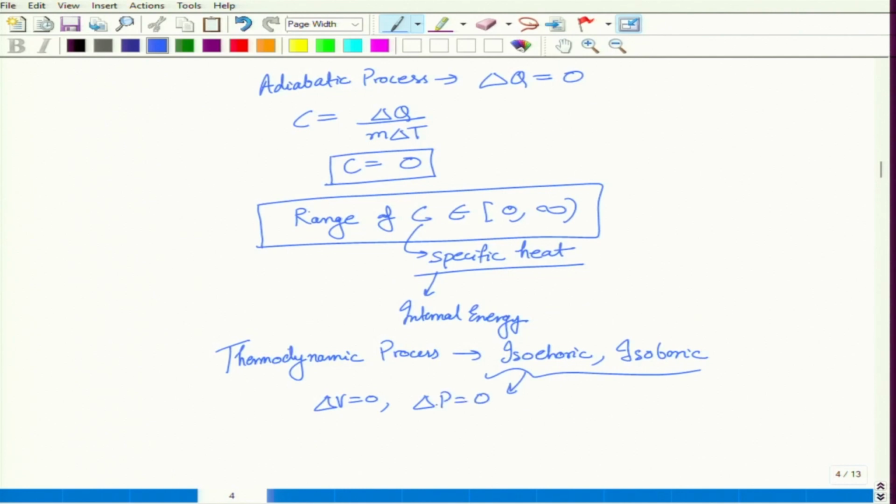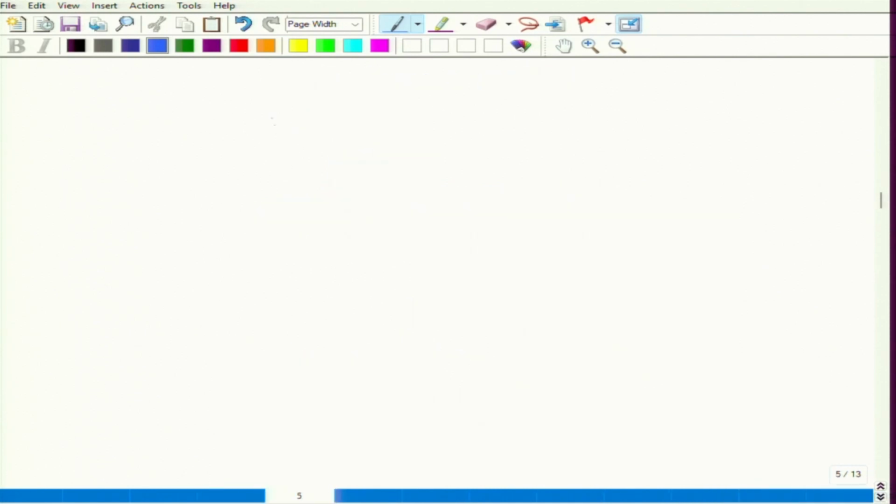When delta V is 0, that is the case of constant volume, and when delta P is 0, that is the case of constant pressure. So there is a transfer of heat in case of isochoric process.